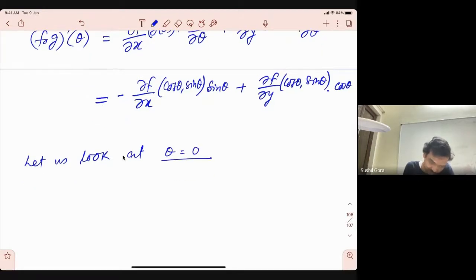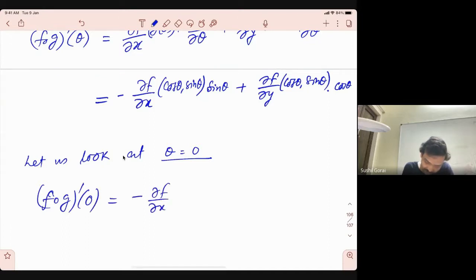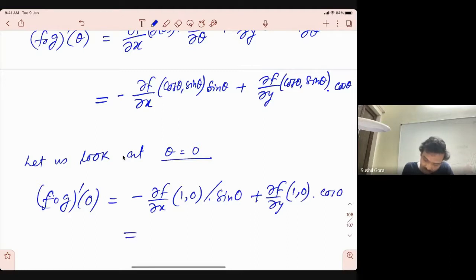So (f compose g)'(0) is nothing but del f by del x at (1, 0) times sin 0, which is 0, plus del f by del y at (1, 0) times cos 0. So this part goes away, and here we get del f by del y at (1, 0). All right.